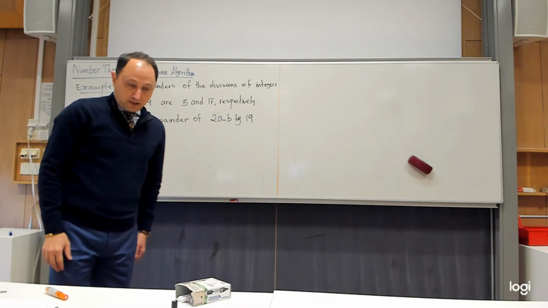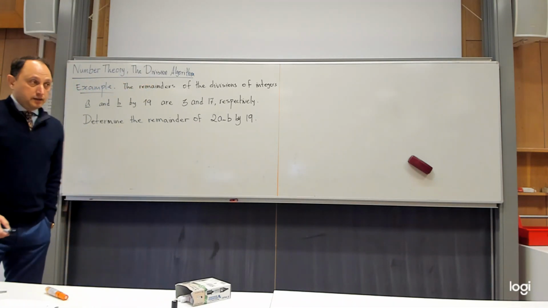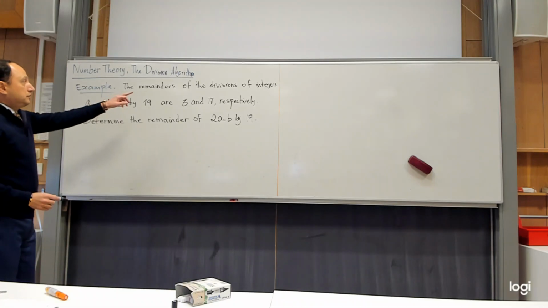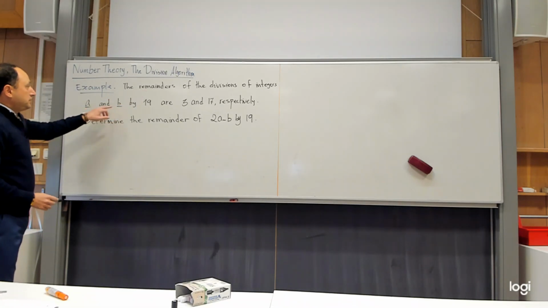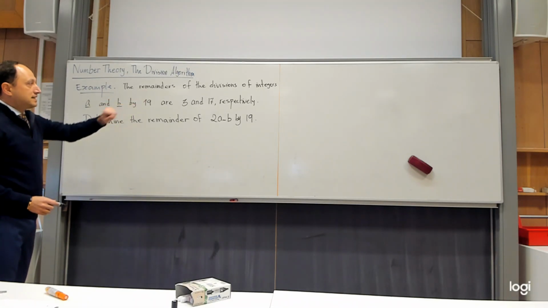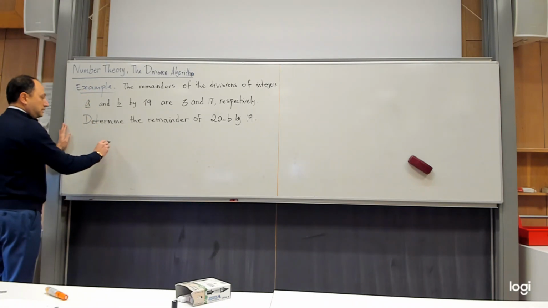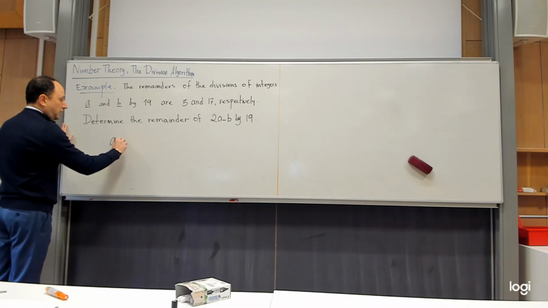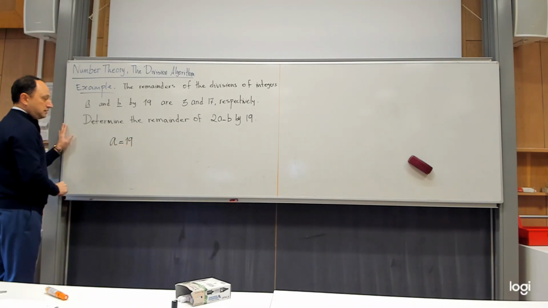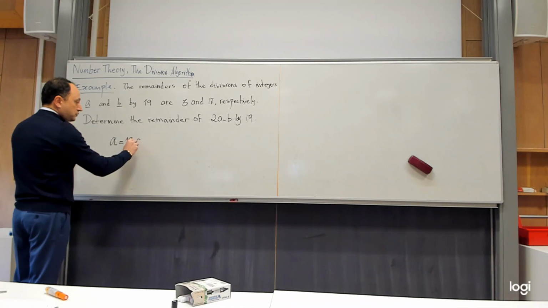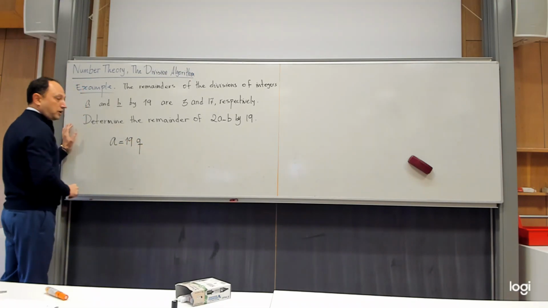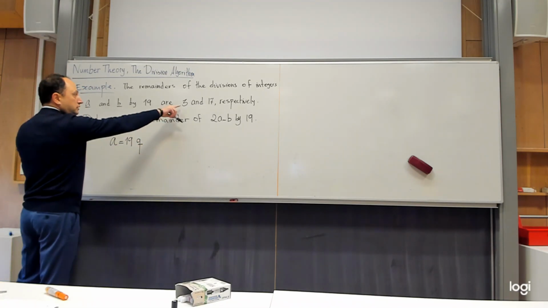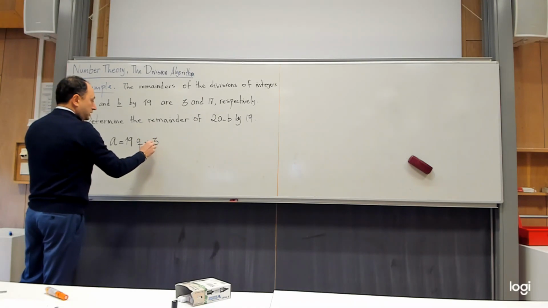Okay, so let us solve this one. The remainders of the divisions of integers a and b by 19 are 3 and 17 respectively. So what does it mean? It means that if I take a and divide it by 19, I will get a quotient which we don't know anything about, so let me write q. But I know the remainder is supposed to be 3.